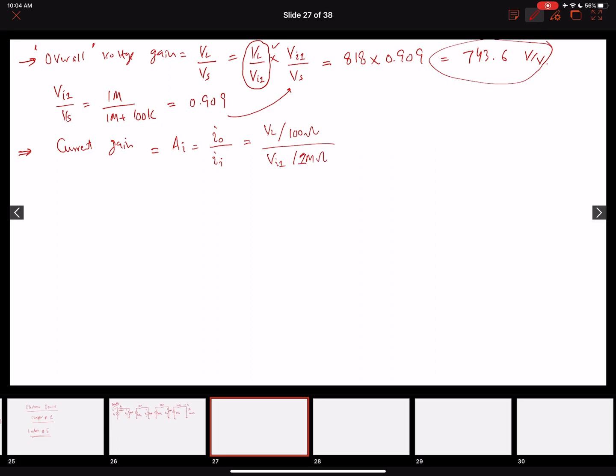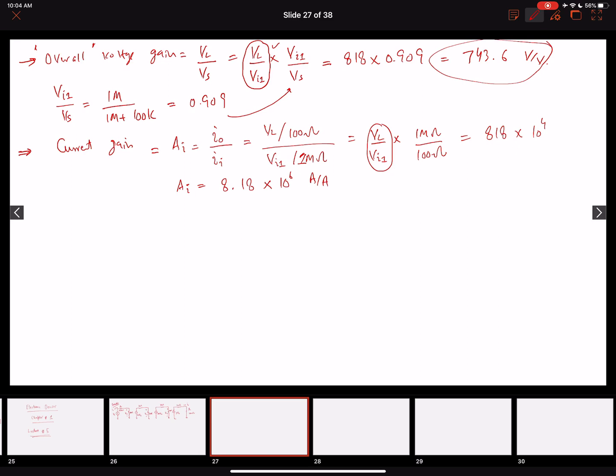I already know the value of V_L over V_I1, so this can be rewritten as V_L over V_I1 multiplied by 1 mega ohms over 100 ohms. V_L over V_I1 we already know, 818. So it will come out to be 818 multiplied by 10 to the 6 divided by 100, 10 to the 4. So the answer for A_I will come out to be 8.18 into 10 to the 6 amperes.